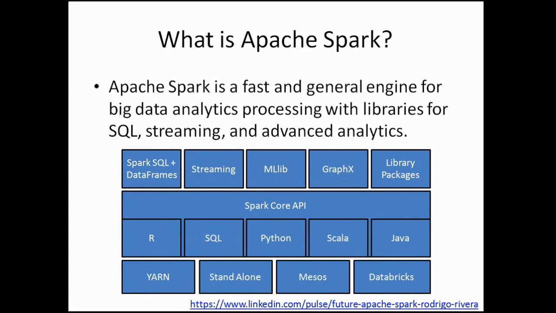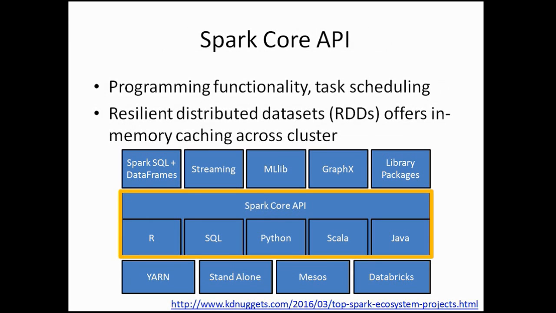Apache Spark is a fast and general engine for big data analytics processing, with libraries for SQL, streaming, and advanced analytics. The Spark Core API features R, SQL, Python, Scala, and Java as programming functionality and has task scheduling.